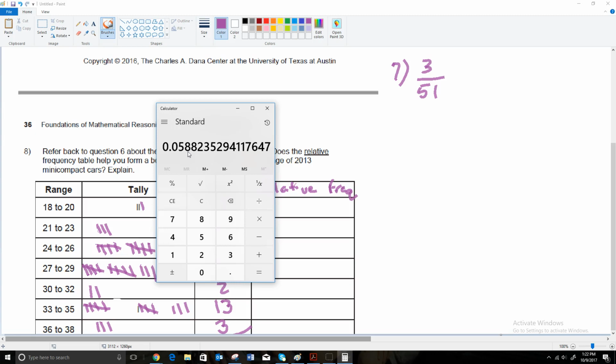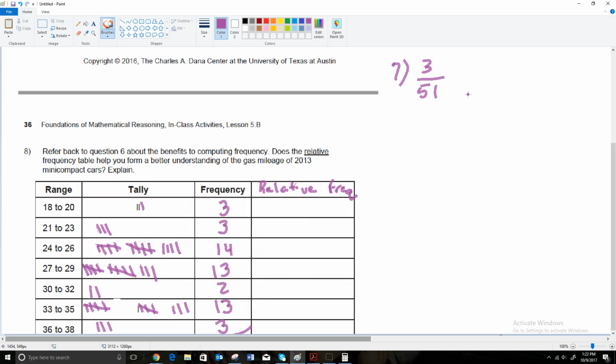So 0.059 is how we would write this, which then in our relative frequency we'll write as 5.9%. Nice thing is we have 3 listed 3 times, so we can use that in the other ones. So this would be 5.9%, and this one would also be 5.9%.